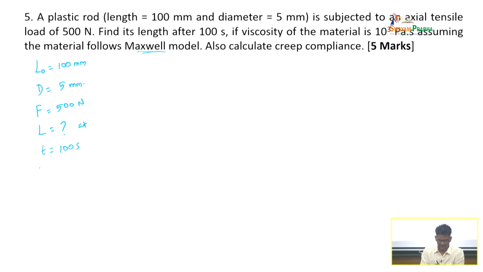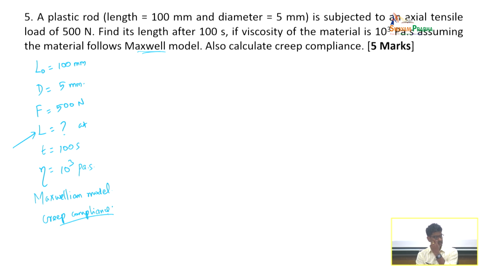The viscosity is given as 10 power 3 Pascal second, and the material model is Maxwellian. We need to calculate L, and we also want to calculate the creep compliance.